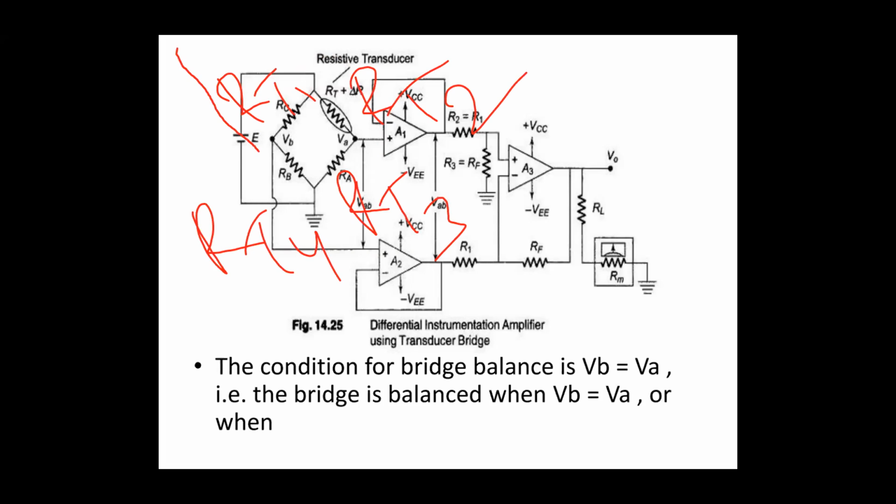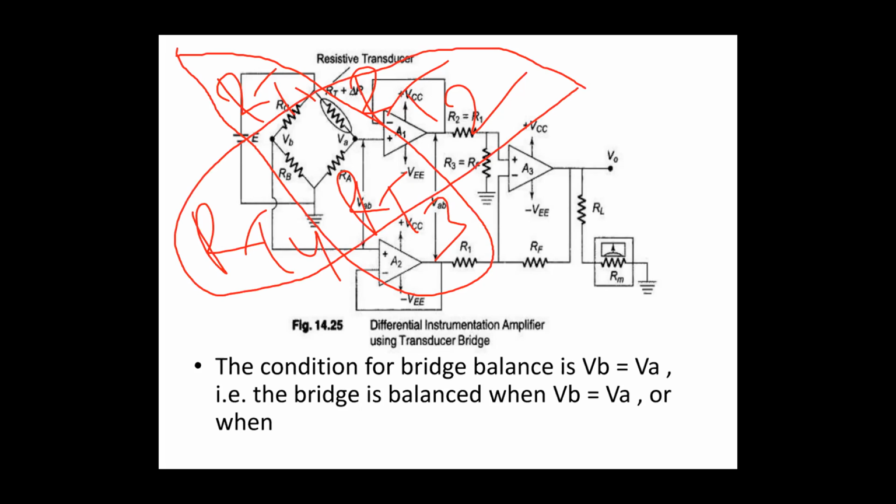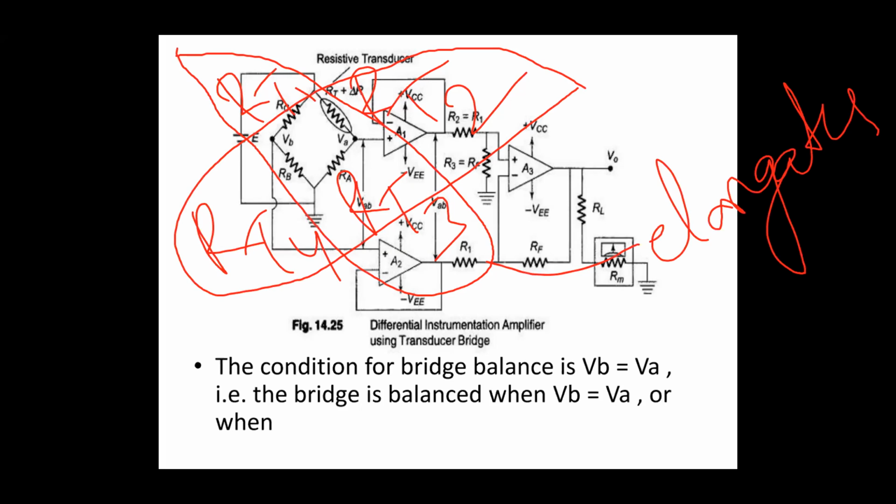Here RT1 and RT3 are one opposite pair, and RT2 and RT4 are another opposite pair. RT1 and RT3 elongate, meaning they extend, so both increase in resistance.